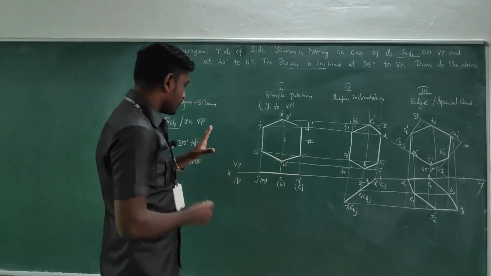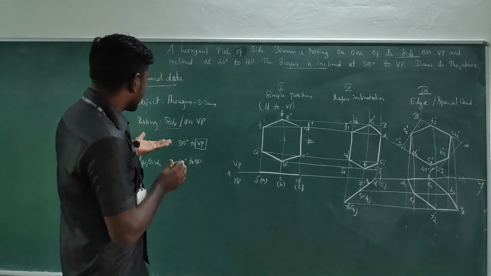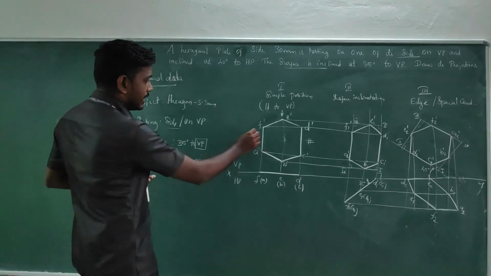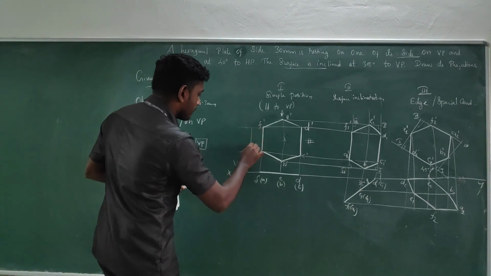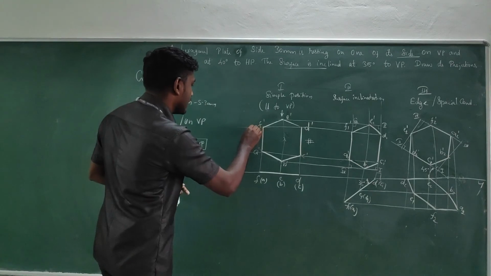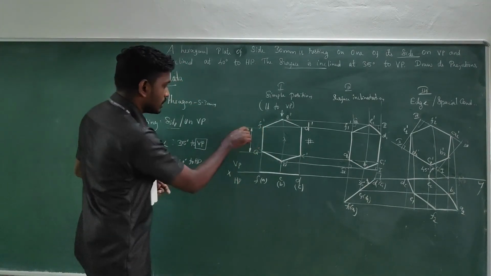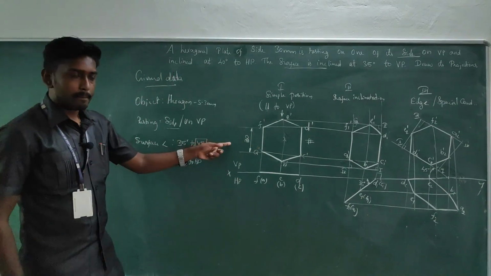So I have taught you how to work when you are coming with this kind of information, and then we have to mark the dimensions for the hexagon. Side is 30, so take the parallel line, capture it with filled arrows, and note above the line as 30.